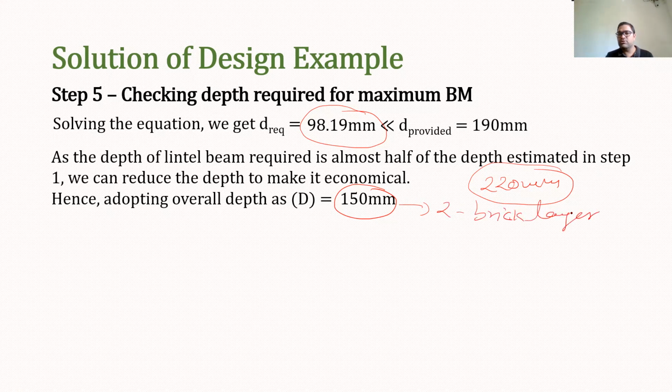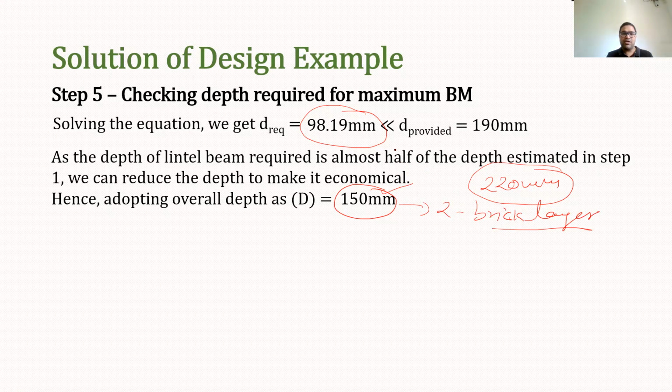One aspect also needs to be covered: the depth of lintel generally we adopt in terms of brick layers. So it can be 1 brick layer or 2 brick layers. So when we adopt 150 mm, it will be equivalent to 2 brick layers, and construction of this lintel will be easy from practical considerations. So that is why I have adopted 150 mm in this case.